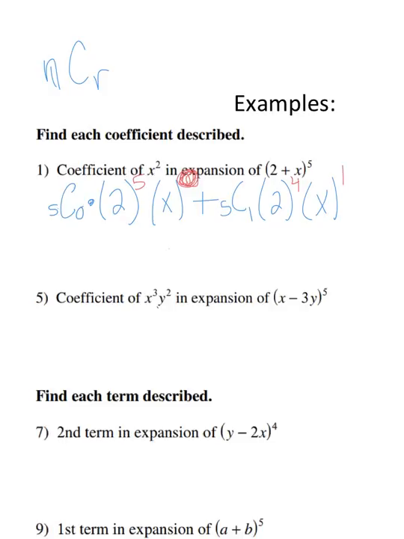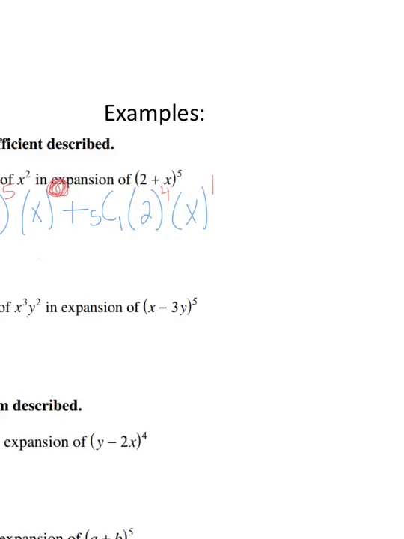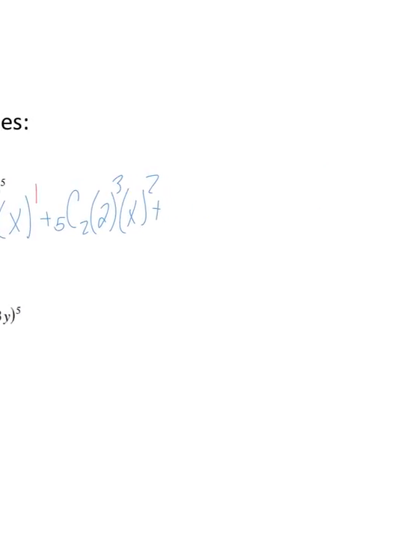So I still add those two red numbers there to get 5. And I can continue this pattern, plus 5 choose 2 times 2 to the third times x squared, plus, slide over some more.